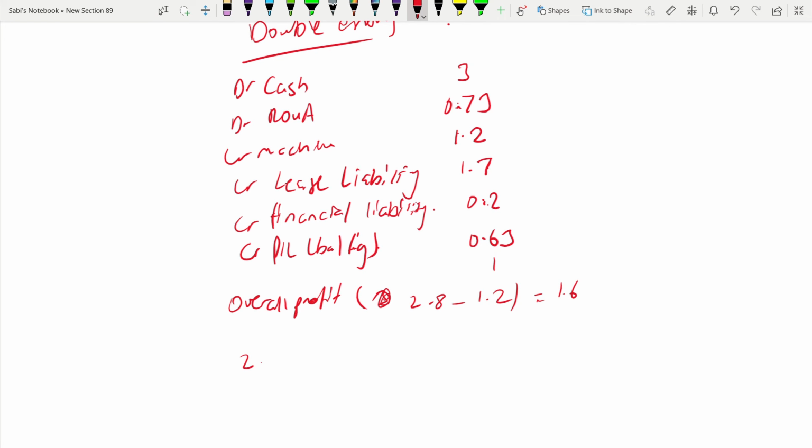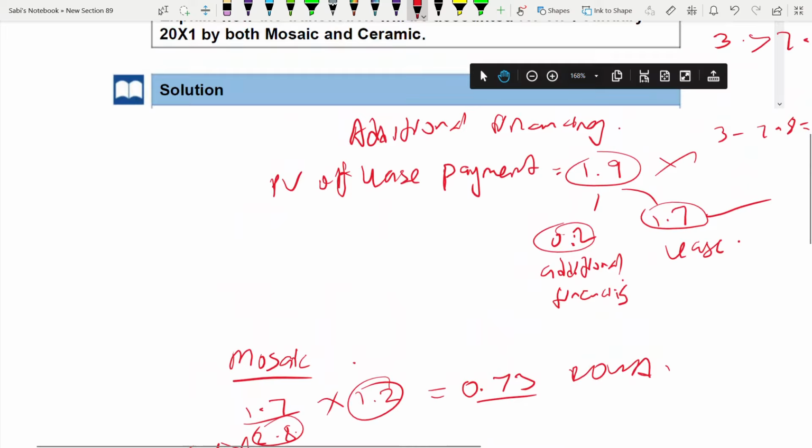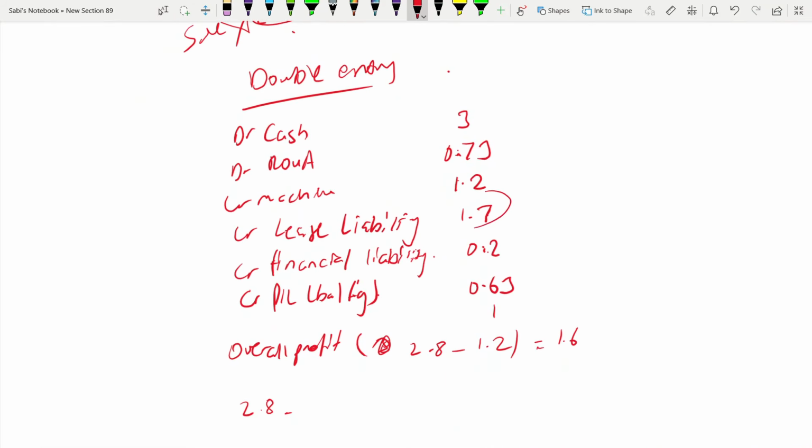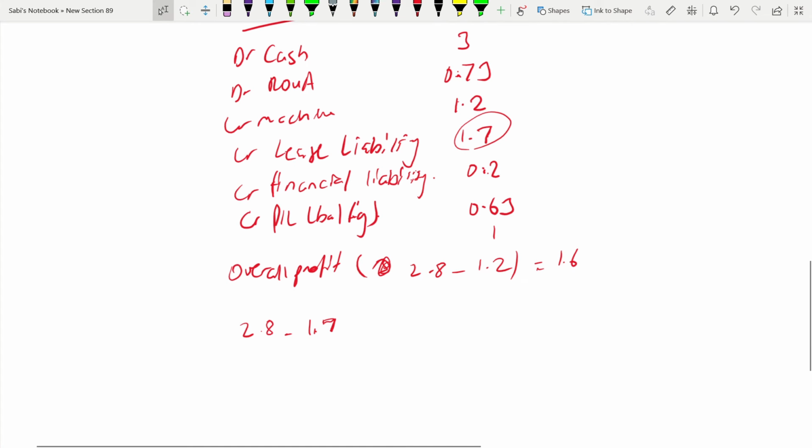So 2.8 minus 1.7, why? It is your lease liability, also your right of use asset, that means before the sale and leaseback. Divided by 2.8, into 1.6, the overall profit.